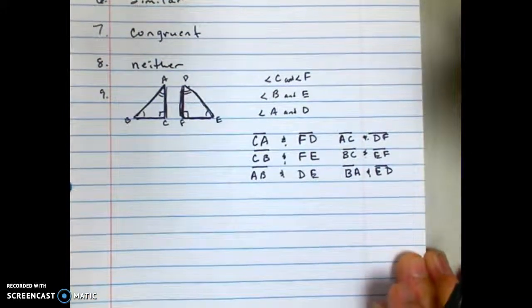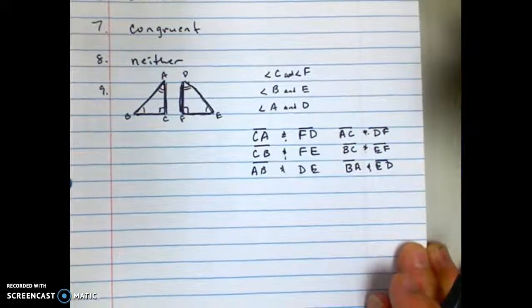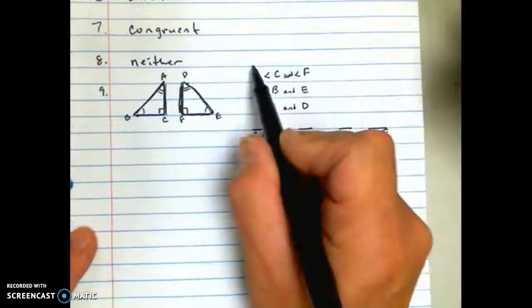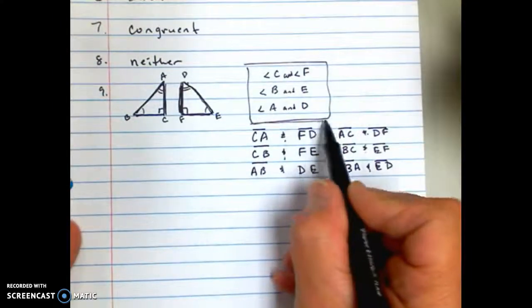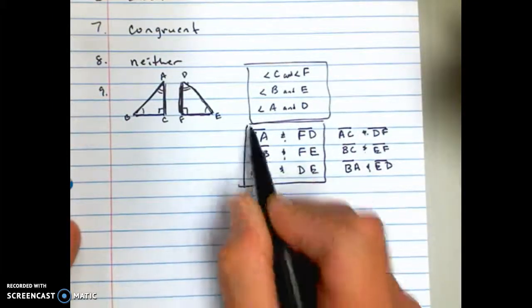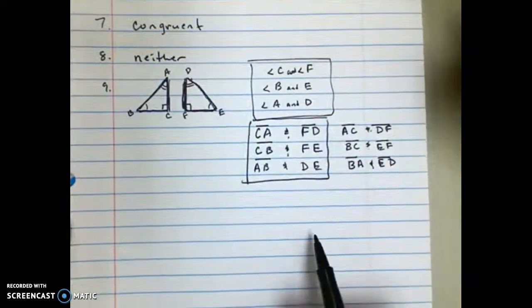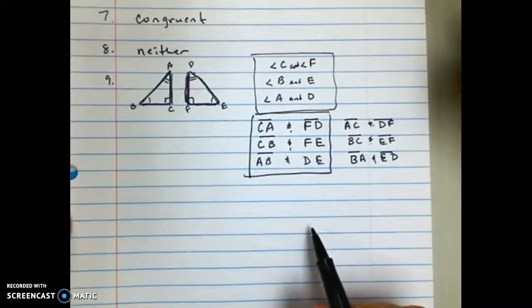So we'll do another one like that in just a moment. So that's number 9, but there are 3 sets of matching angles and 3 sets of matching line segments. So there's 6 parts of that, finding the corresponding parts.